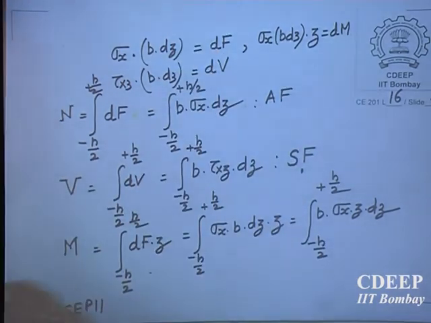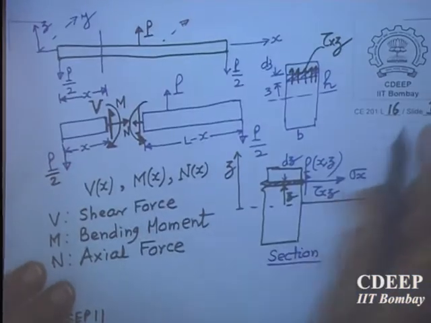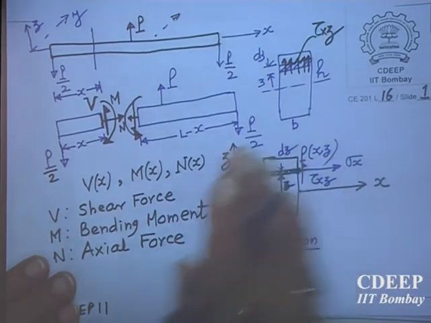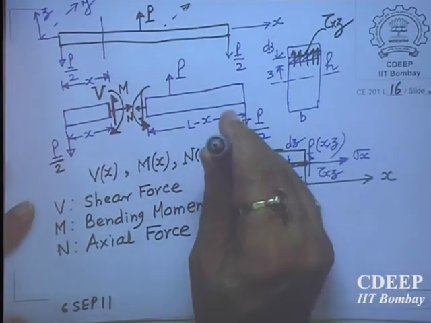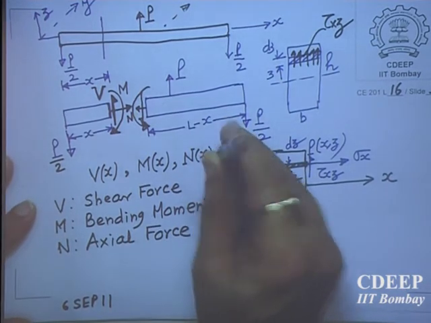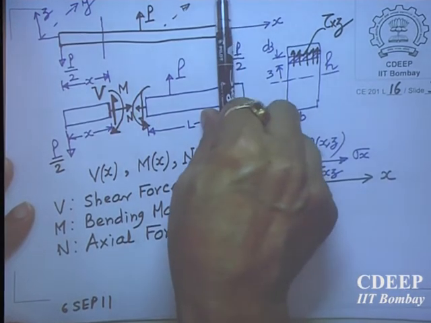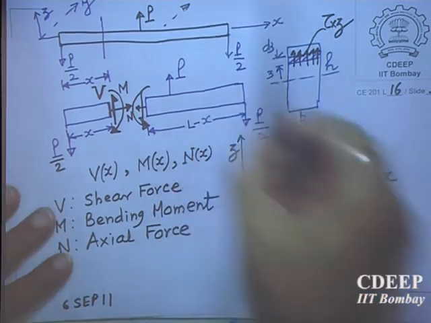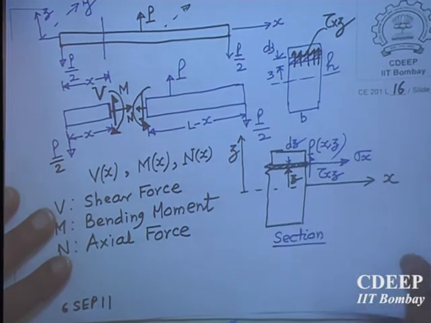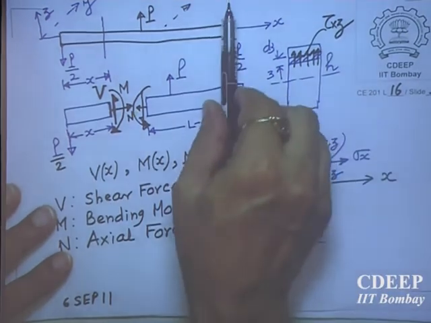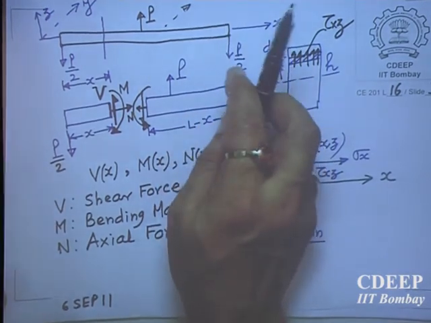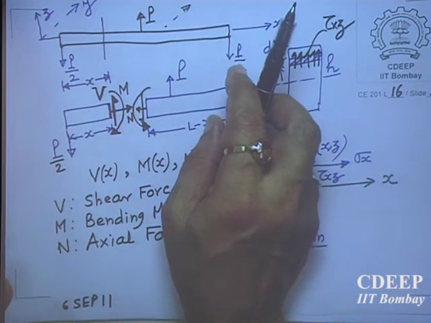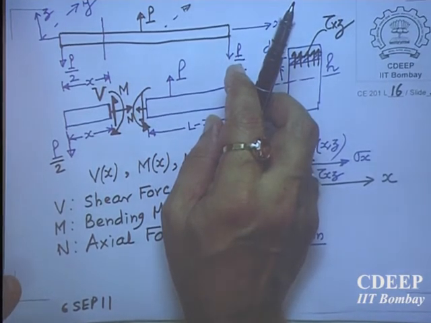Because my positive stress is always, what is the positive stress on a plane? Sigma x is positive on this plane. Tau x is positive like this. So my shear force, bending moment and axial force are derived from the positive stresses acting on the plane x equal to what?